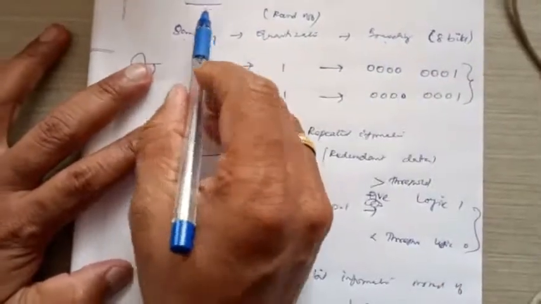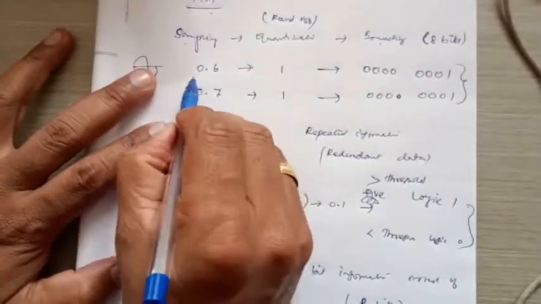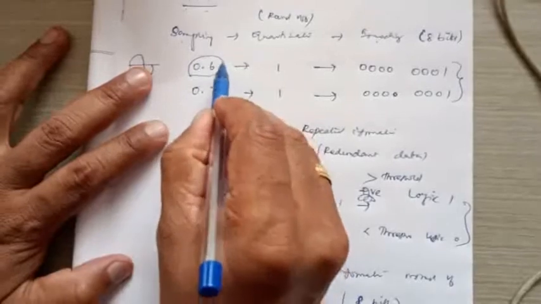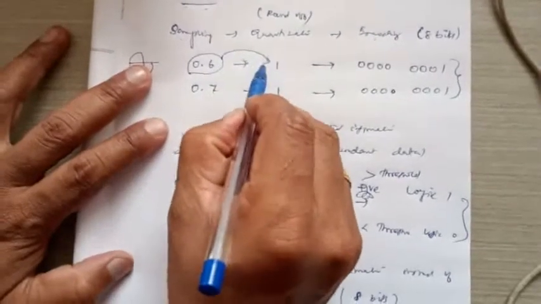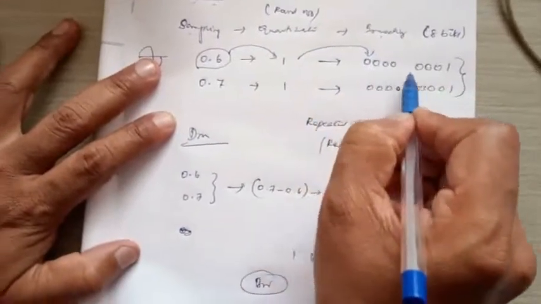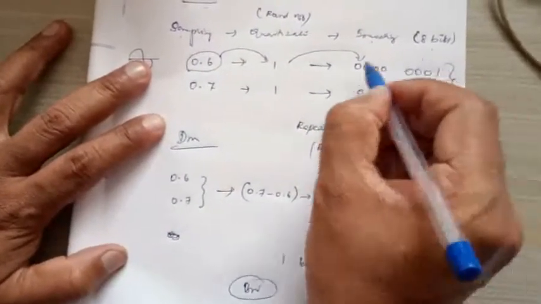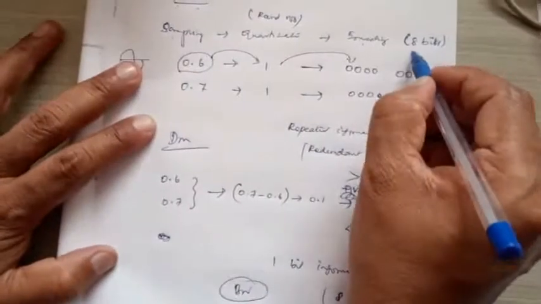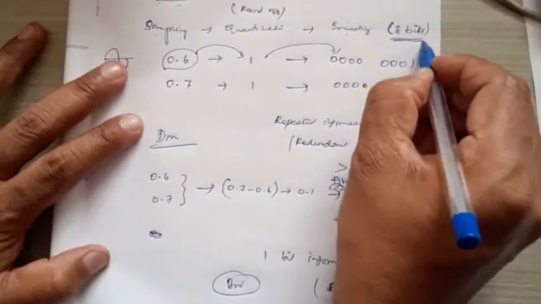In case of PCM, suppose the first sample value is 0.6, then it will be quantized into 1. After that, this 1 will be encoded as 00000001. In the normal conventional PCM, we make use of 8 bits for encoding.